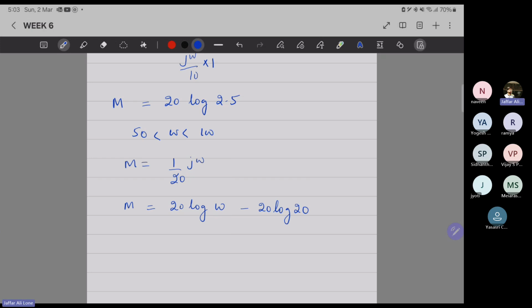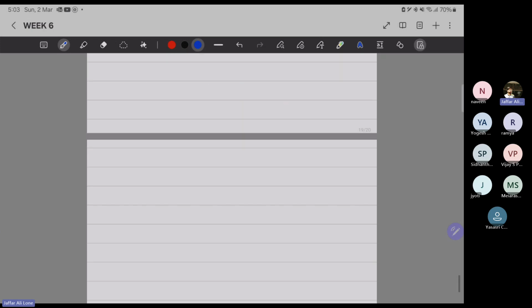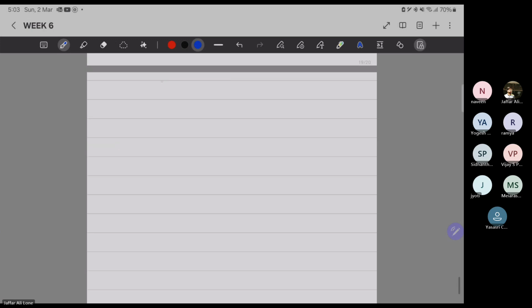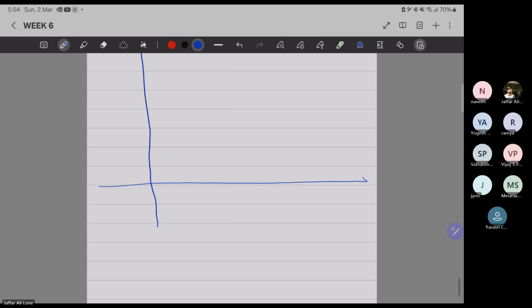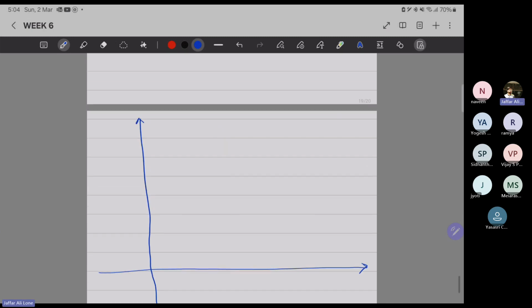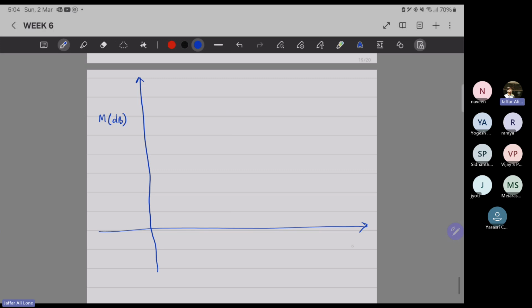And then finally, when you draw it, I'm just drawing the final Bode plot. This is magnitude in decibels, and this is omega, but this is log of omega here. Right, so I had corner frequencies at 10, 20, 50, 100, right?